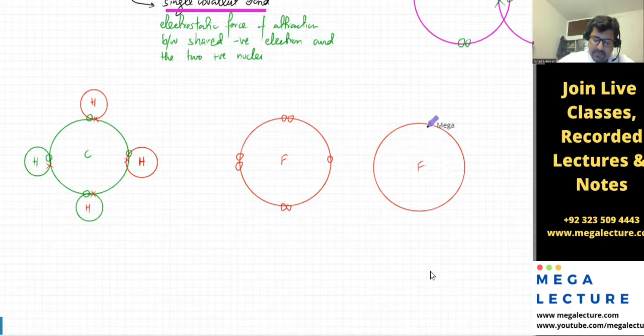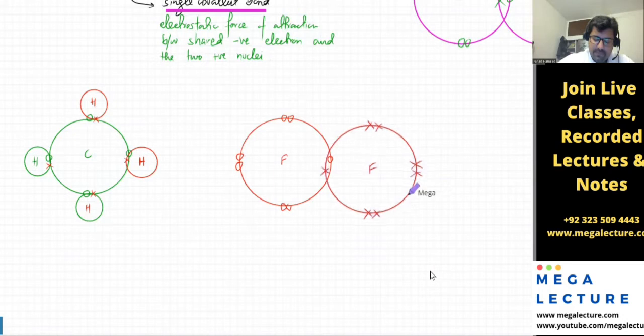I've got this other fluorine. Both of them need 1 electron, so they both will attract each other's 1 electron. If they need 1 electron, they will share 1 electron. So the end result is they both end up sharing 1 electron in the middle each.